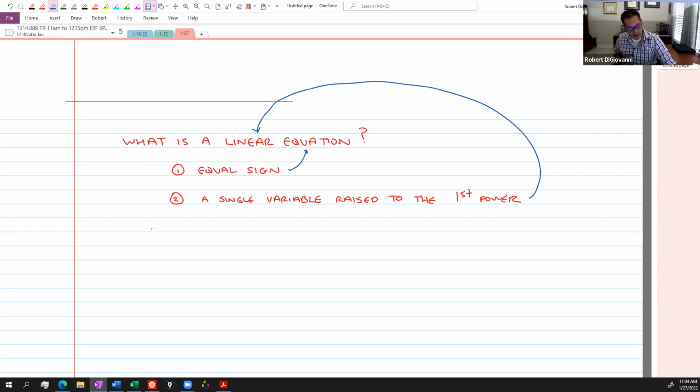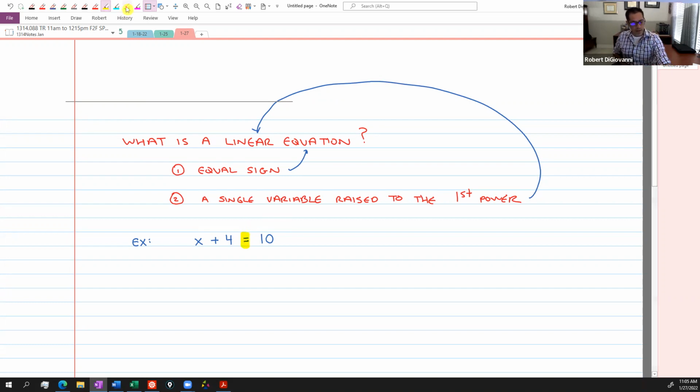So here's your first example of a linear equation. I realize that a lot of you have seen this and done this. Great. If you're good with this, wonderful. But let's just start out very basic. If I write x plus 4 equals, let's say, 10, that is a very basic linear equation. We see that there's an equal sign, so we have an equation.